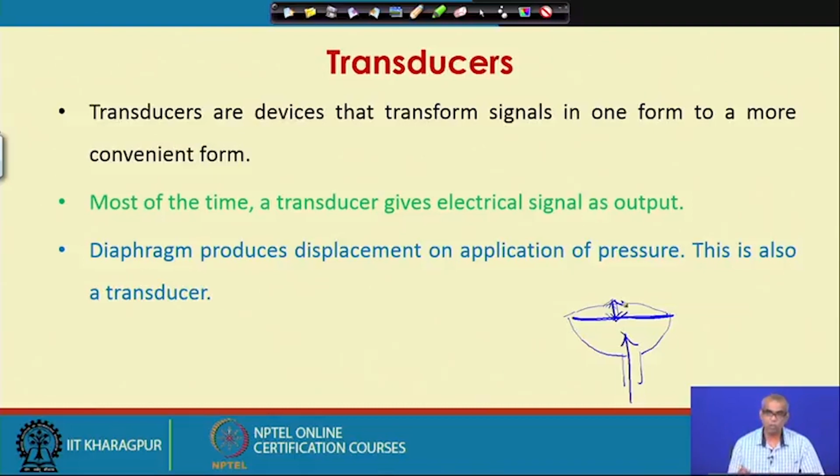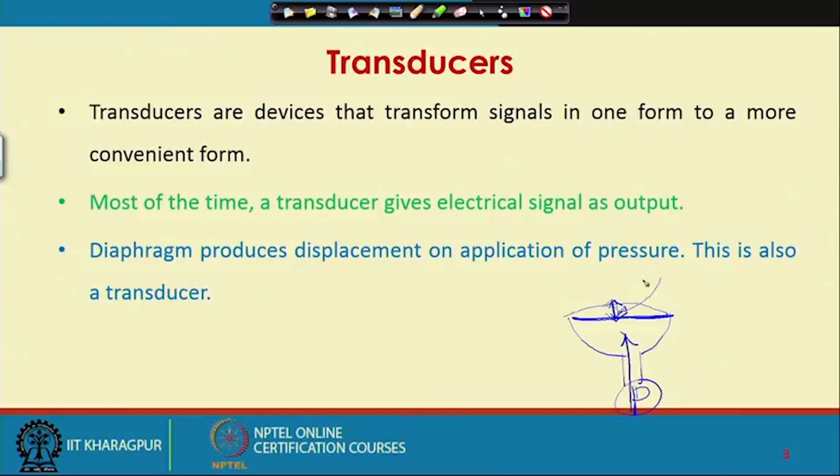Later on we will talk about the diaphragm gauge, and you will see that this deflection is a measure of this pressure. So, for this diaphragm gauge, pressure was the input and this deflection, which is basically a displacement, is the output. So, output signal is different from input signal, and the diaphragm gauge or a diaphragm is a transducer.